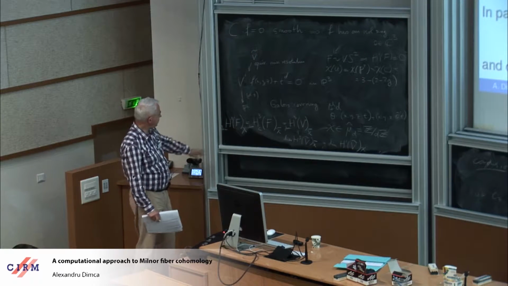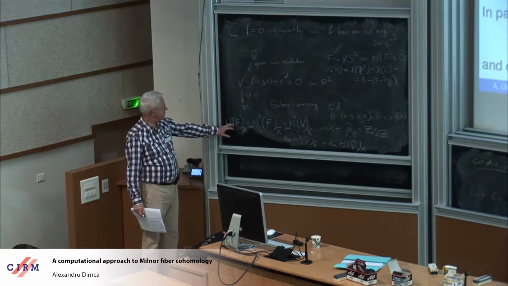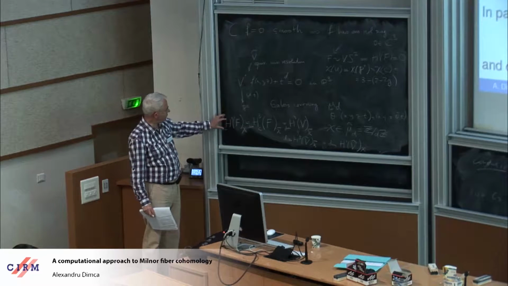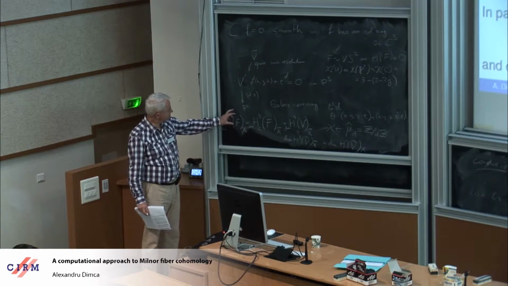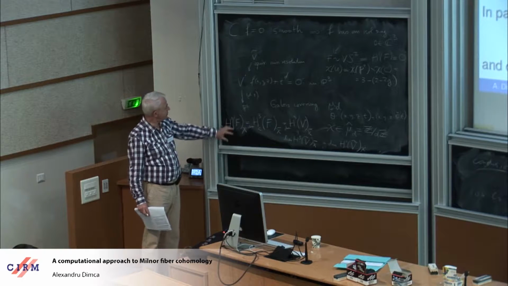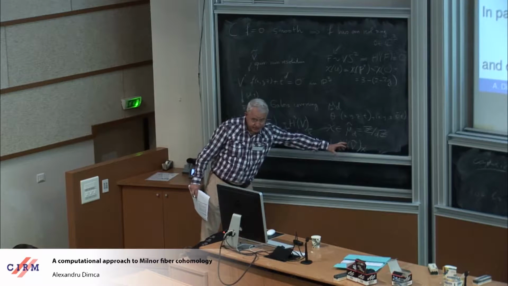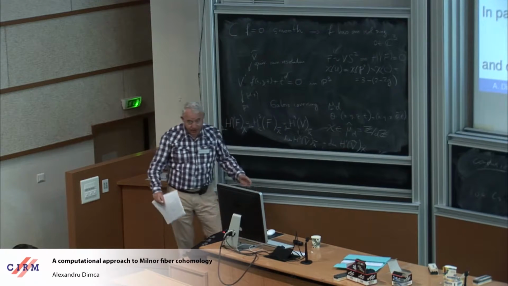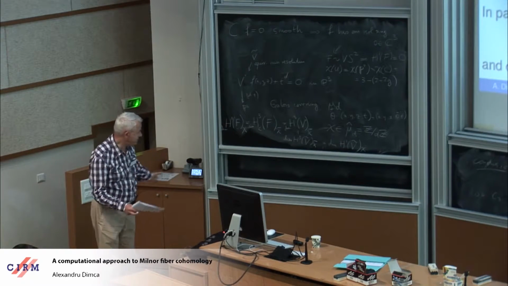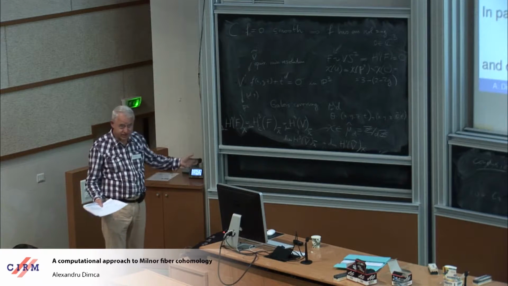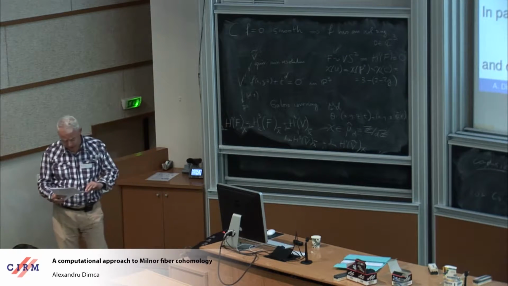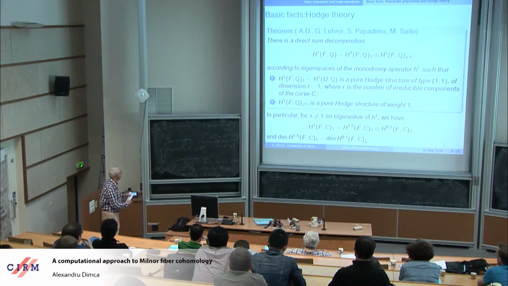And so you see, if I am able to construct Milnor fibers with a lot of eigenvalues different from 1, so with big dimensions here, I will be able to construct smooth surfaces with a big H1, and possibly with big and interesting fundamental groups. And so the two questions are naturally related.